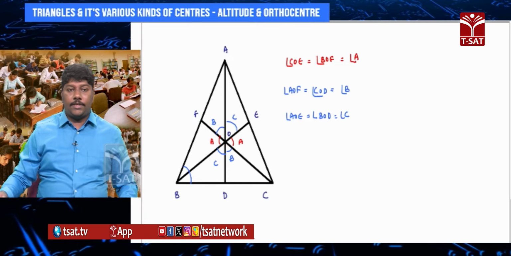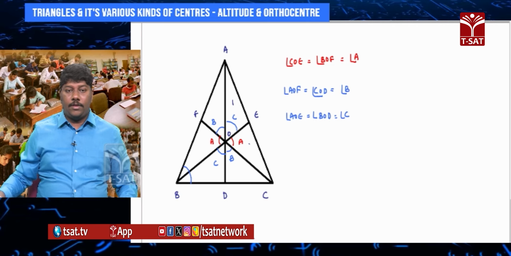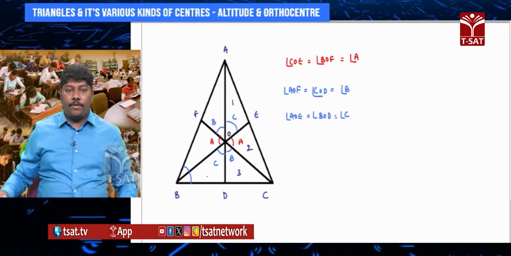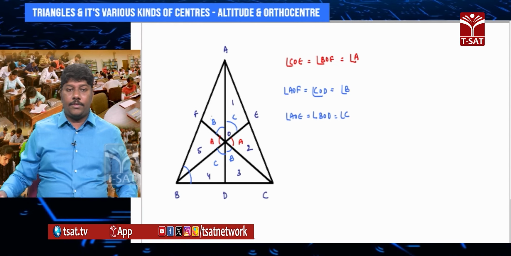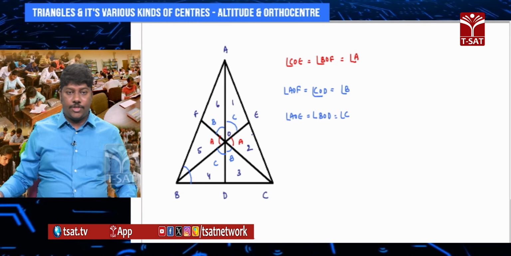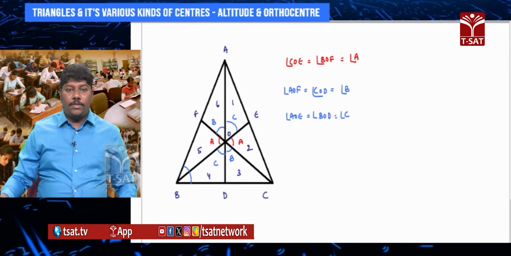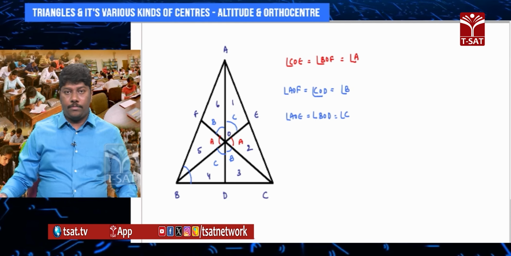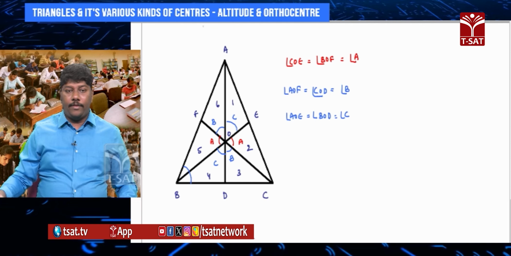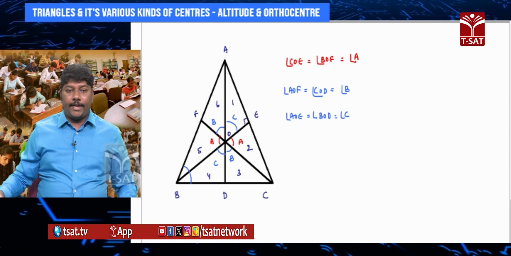Now look, there are 6 triangles here: 1, 2, 3, 4, 5, 6. There are 6 triangles. Closely observe triangle 1 and triangle 4. If you observe triangle 1 and triangle 4, we all know that these are right angles.